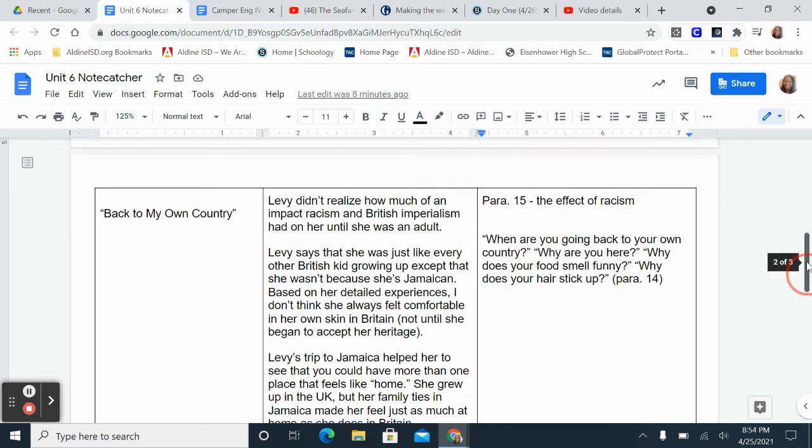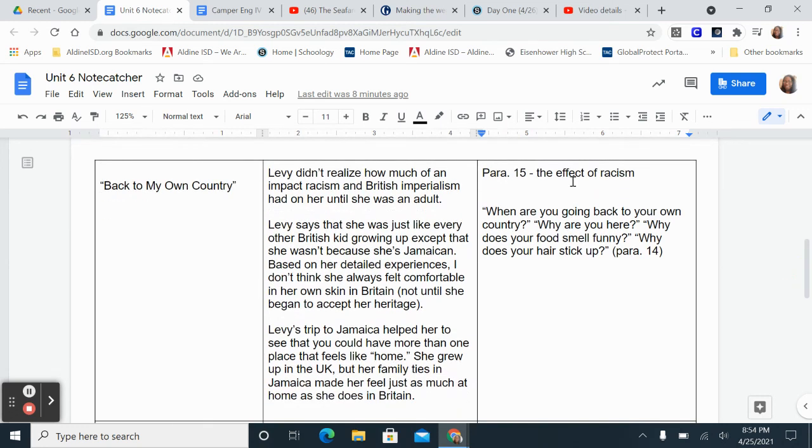Okay, so on this side, I found text evidence that matched with my insights to support my insights. So here we're talking about her experience with racism. And so in paragraph 15, Levy specifically talks about the effect that racism had on her.